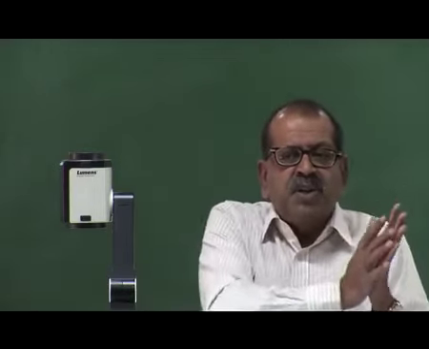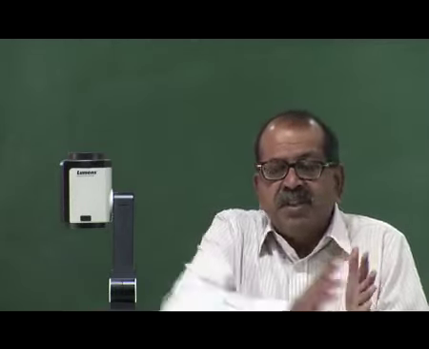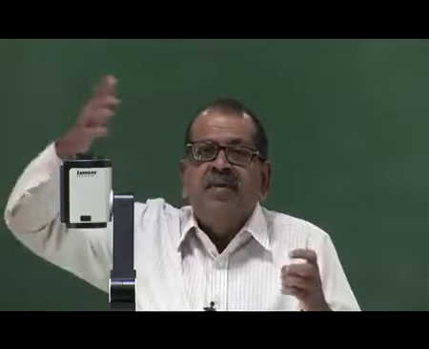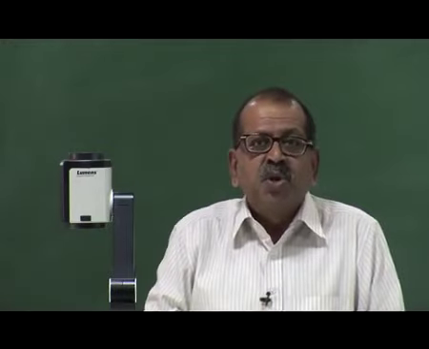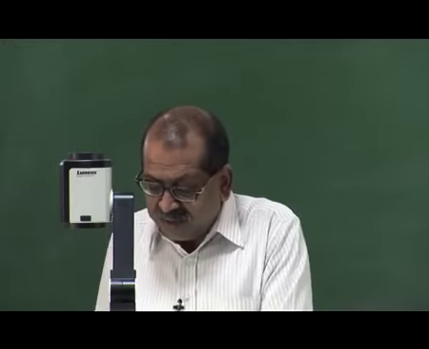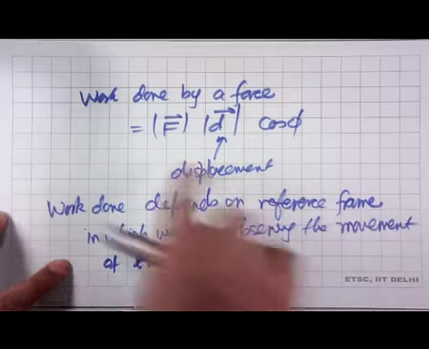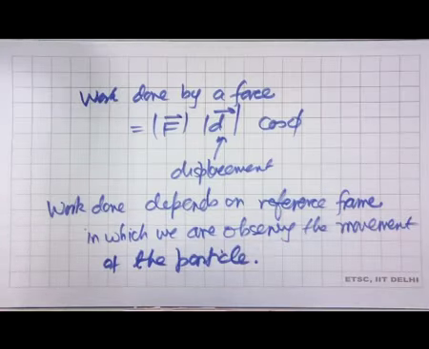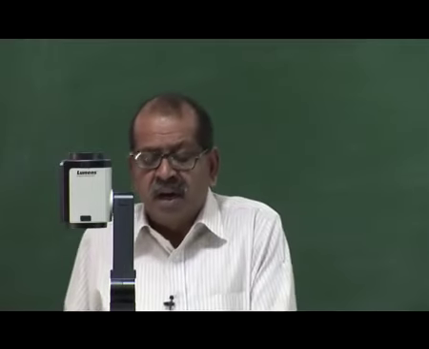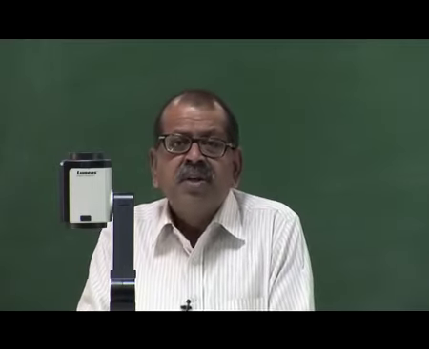But if the same passenger is observed from a ground frame, then we see the passenger moving away with the speed of the train. So, clearly work done is a frame dependent quantity, and this is unlike forces. Any force which is acting on a body is not a function of the reference frame.